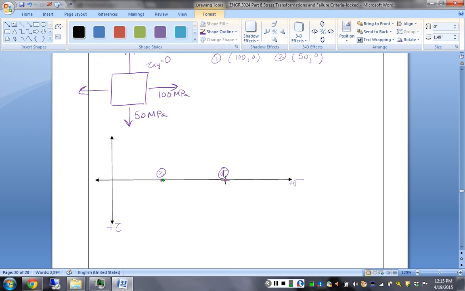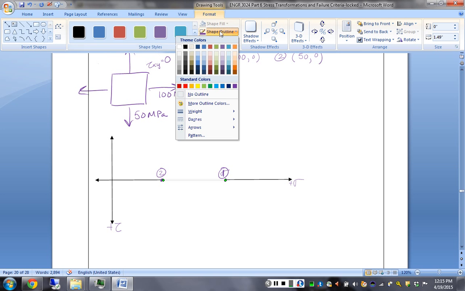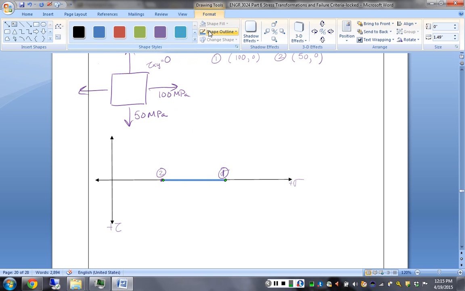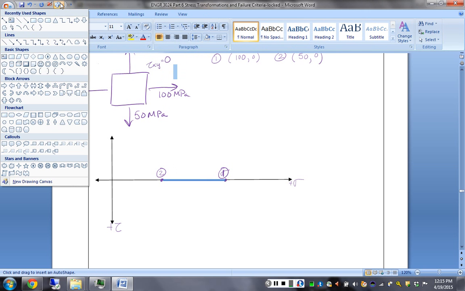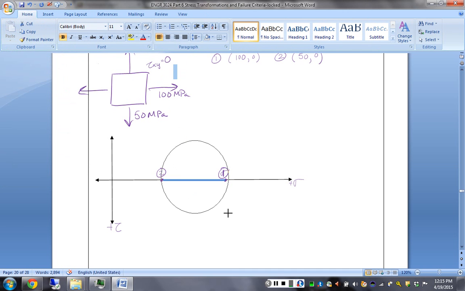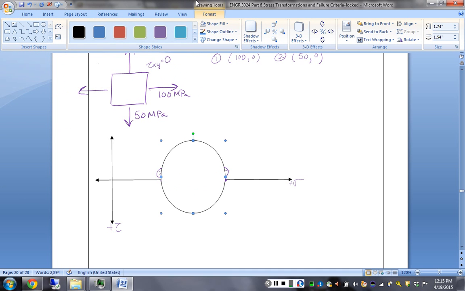A little bit redundant. Let's make it a blue line, so that we see what we're doing. And then we need a circle that passes through those points, with no fill.